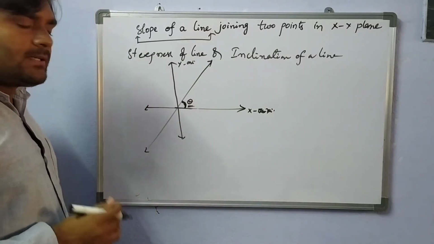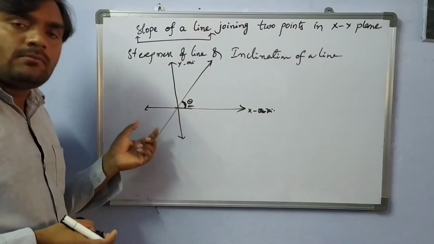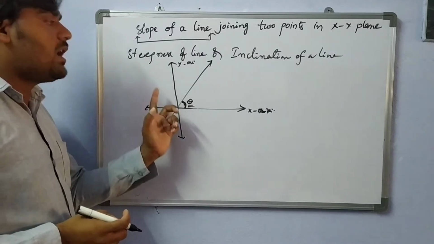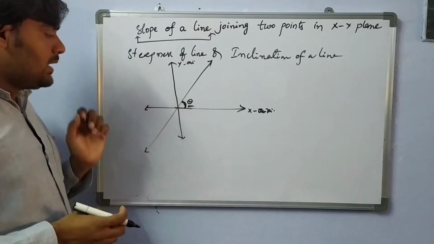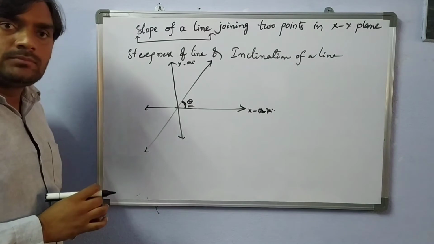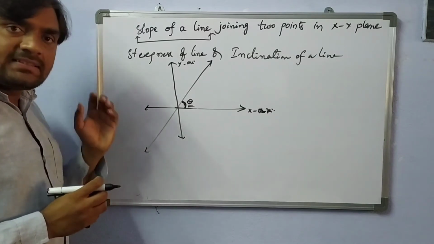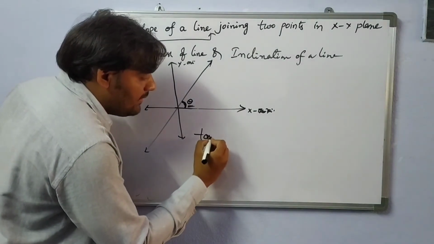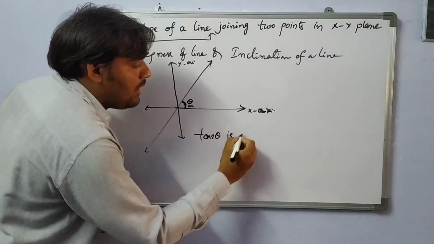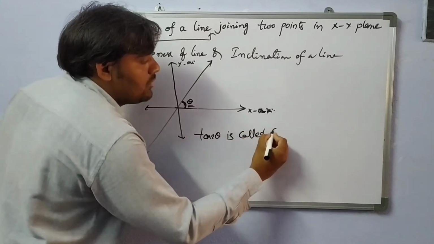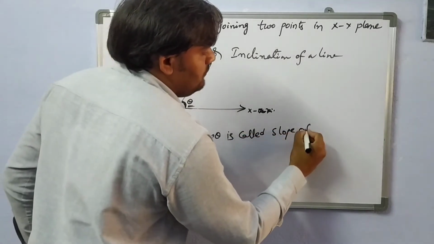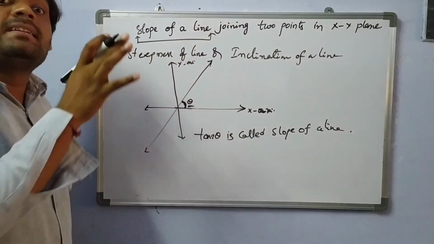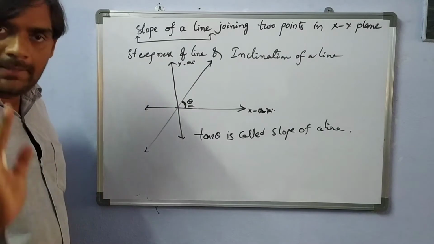Inclination of a line is nothing but the angle made by a line with the positive x-axis in anti-clockwise direction. Next, slope of a line: if the inclination of a line is theta, then tan theta is called the slope of a line.